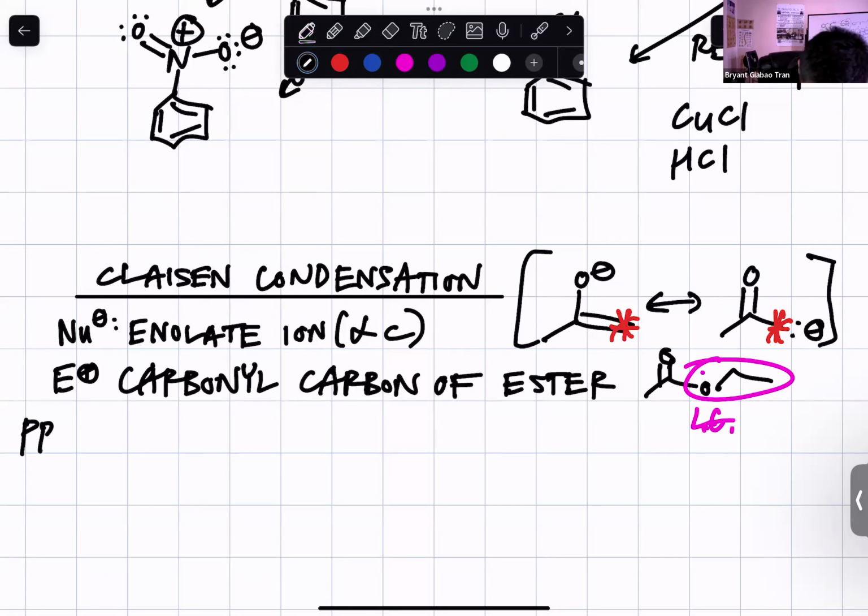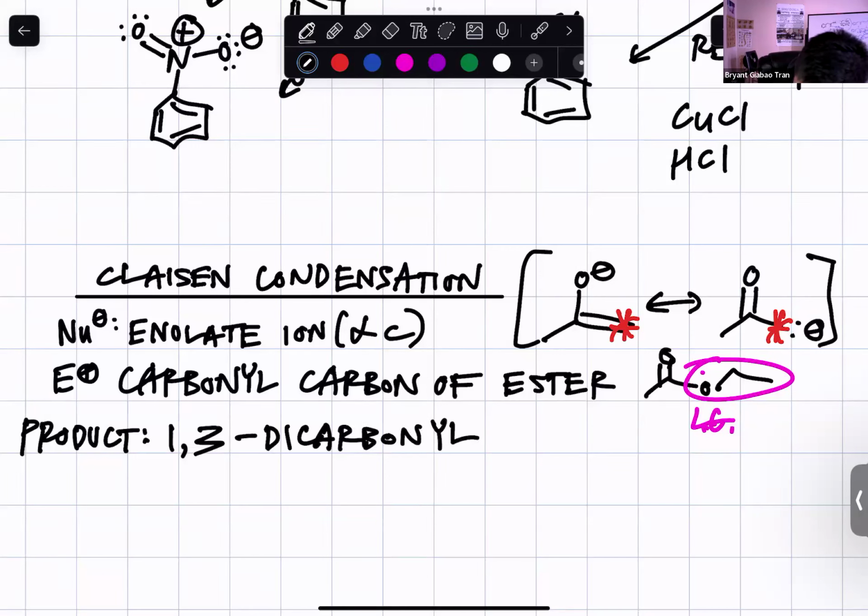The product of the Claisen condensation is going to be a beta keto aldehyde, or no, beta keto... no. Let's say 1,3 dicarbonyl. 1,3 dicarbonyl.